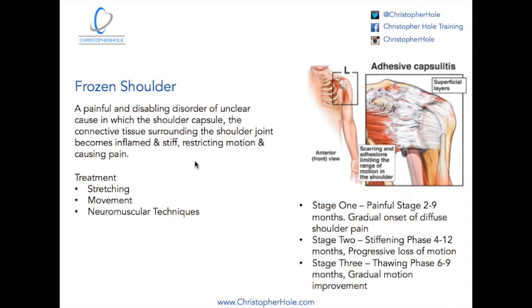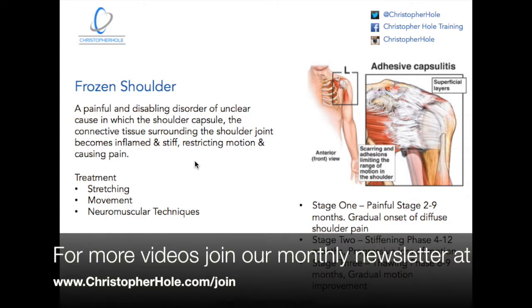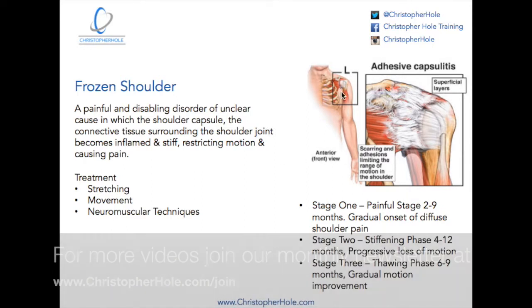So, frozen shoulder is a painful and disabling disorder of unclear cause in which the shoulder capsule, the connective tissue surrounding the shoulder joint, becomes inflamed and stiff, restricting motion and causing pain. So if we come over to the diagram here, you can see we've magnified the shoulder joint, and you've got the bone of the shoulder joint sort of coming up through here.